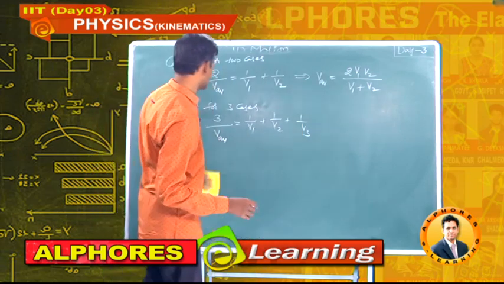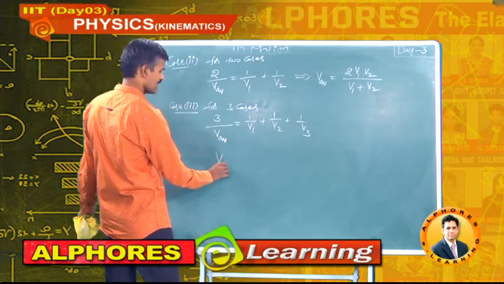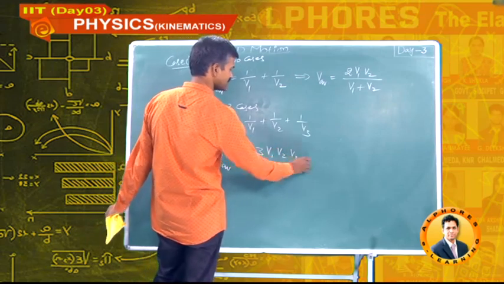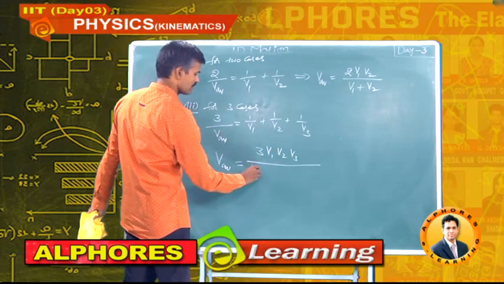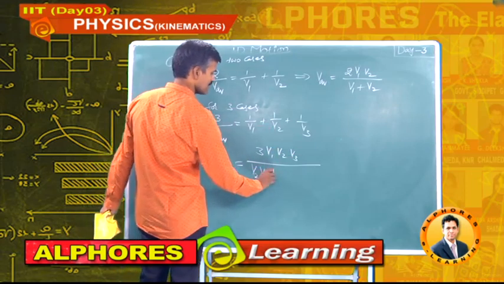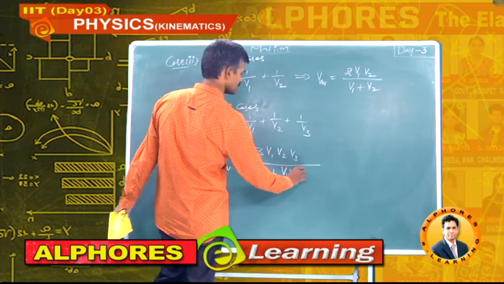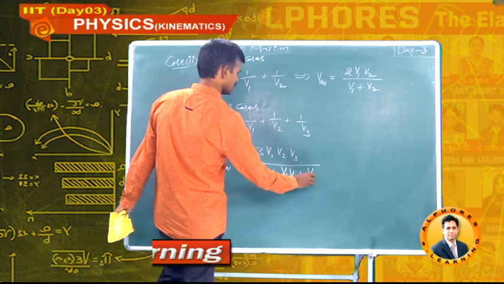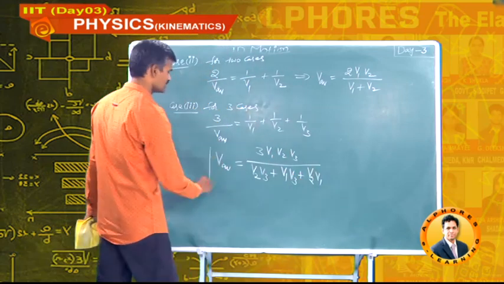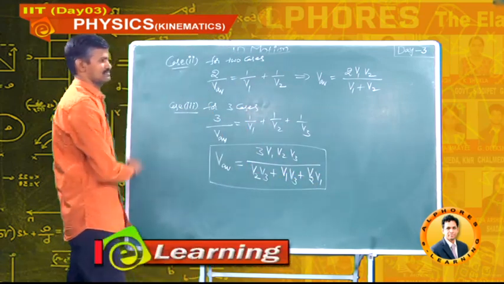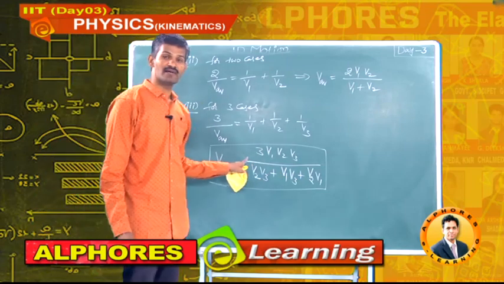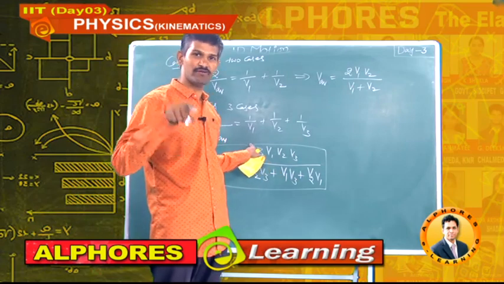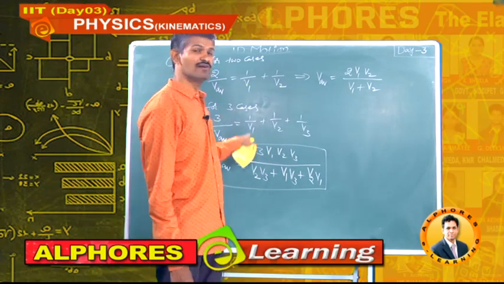Or it can be written as V average is 3 V1 V2 V3 by V2 V3 plus V1 V3 plus V1 V2. This is the average speed for 3 cases. All these formulas are valid only when the distance travelled by the body at different speeds is equal. Otherwise, this case is not applicable.